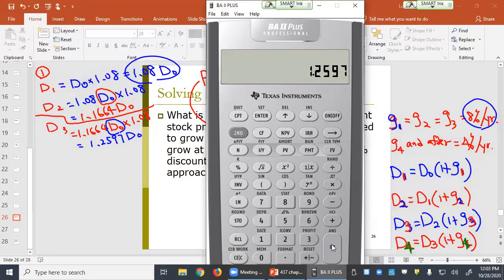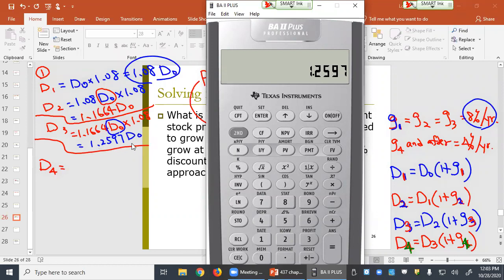Let me move this downward. Okay, one more, because the dividend growth rate becomes constant in year 4, so we have to calculate all future dividends until at least year 4. So what is D4? We'll again start with the previous dividend. If you're solving for D4, we start with D3, which is this number.